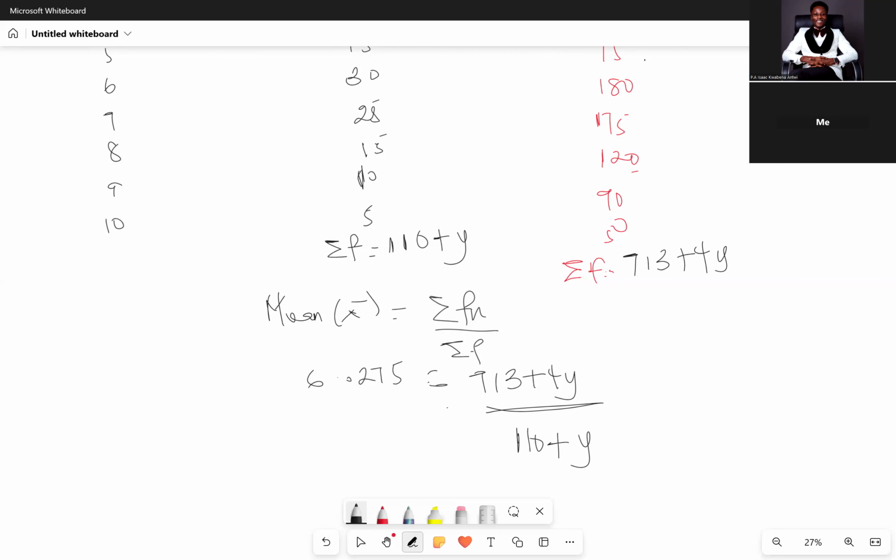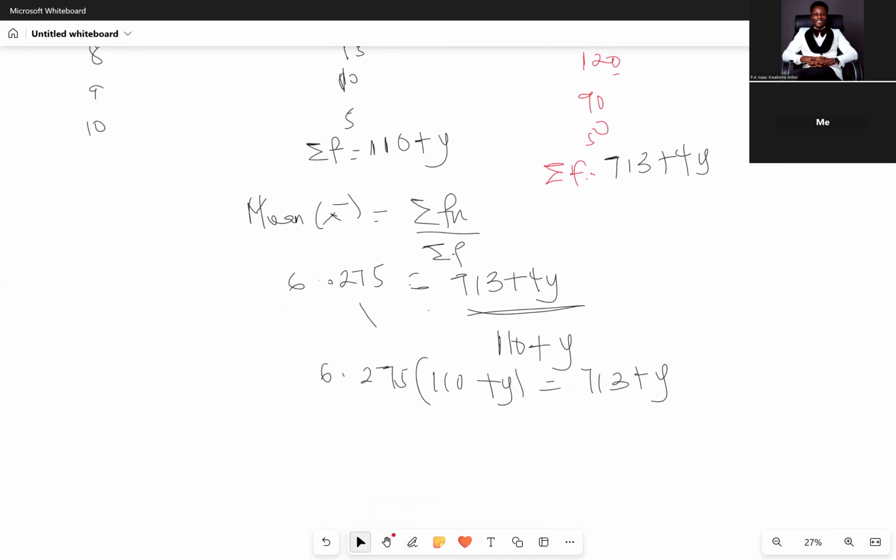So let me write it this way for those that are not familiar. 6.275 times (110 plus y) equals 713 plus 4y.